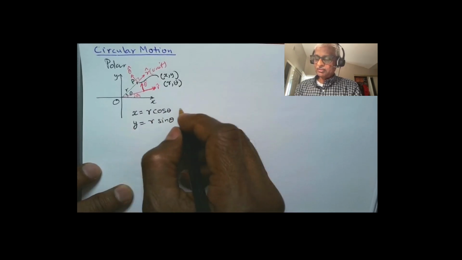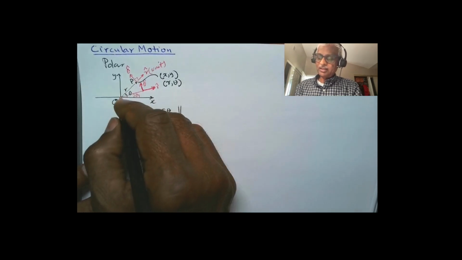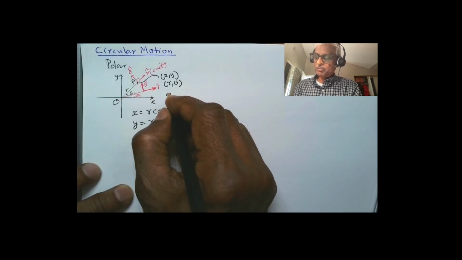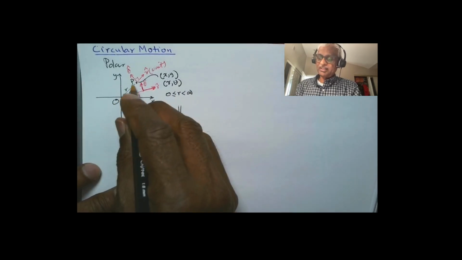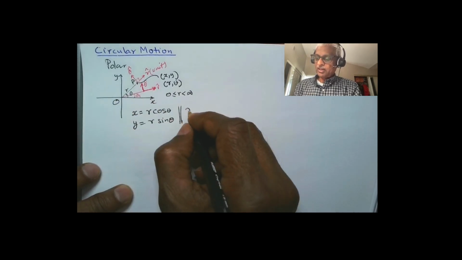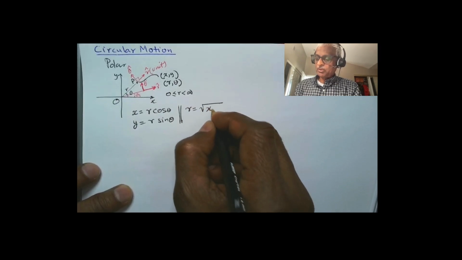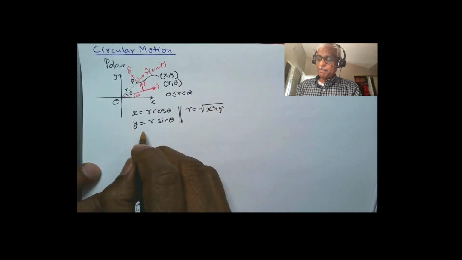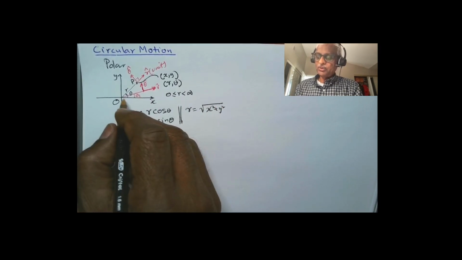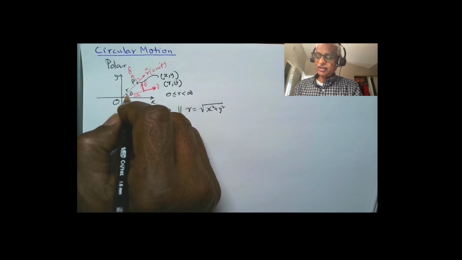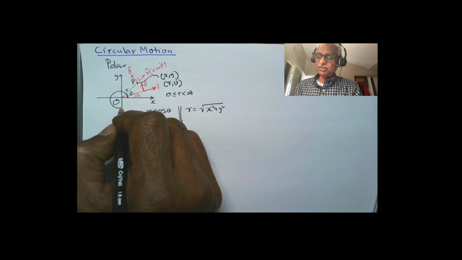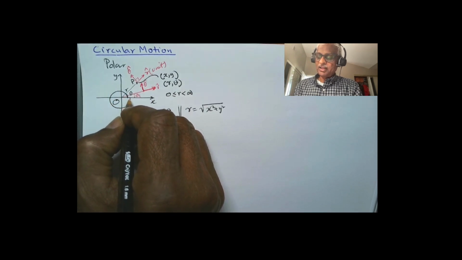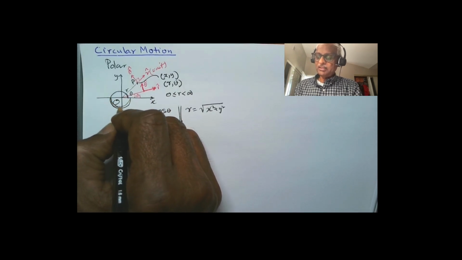And of course you can square and add, and you can see r can only go from 0 to infinity. r cannot be negative. So r is just the positive square root of x squared plus y squared, and theta goes from 0 to 2 pi.